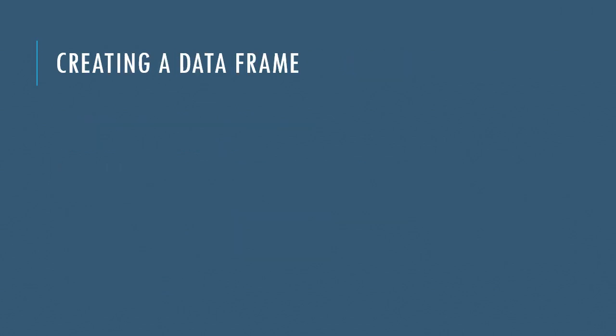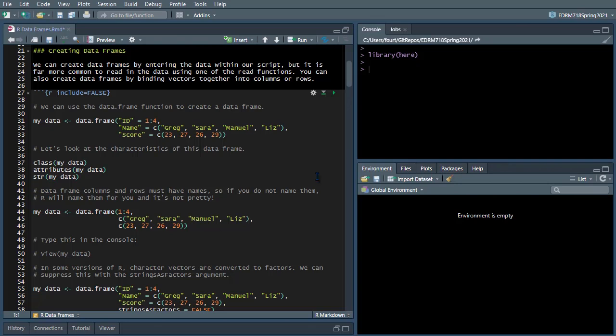Let's look at how we create a data frame. We can create data frames by entering the data within our script, but it's far more common to read in the data using one of the read functions. You can also create data frames by binding vectors together, either into columns or rows. We'll see examples of all of these.